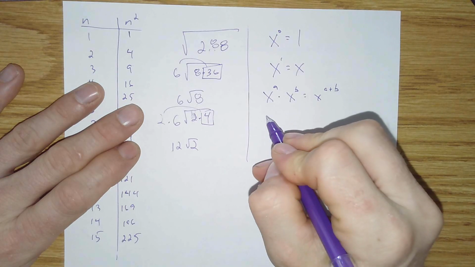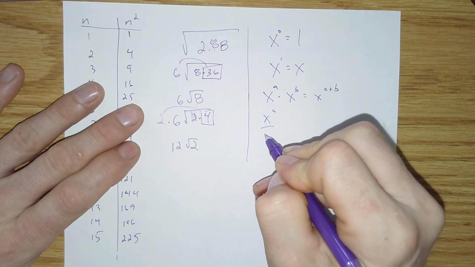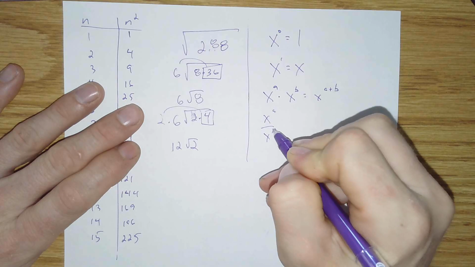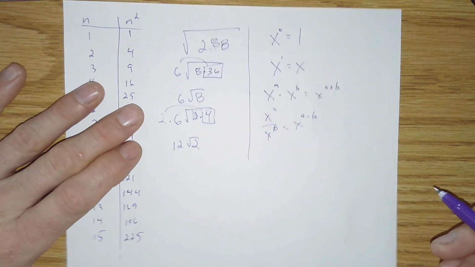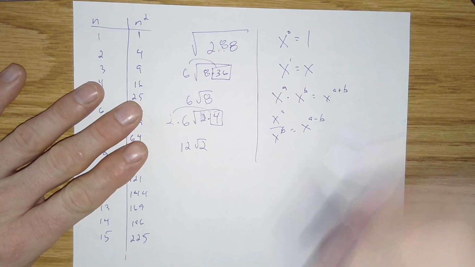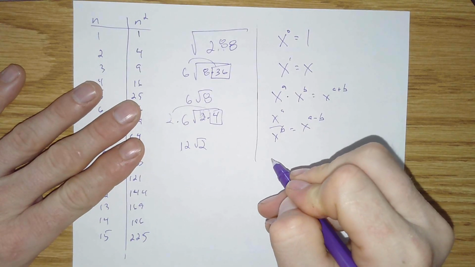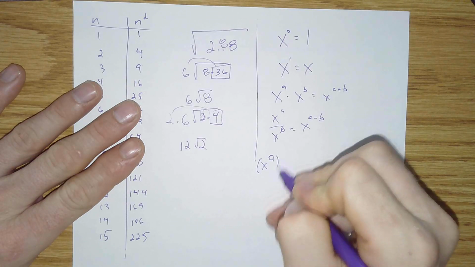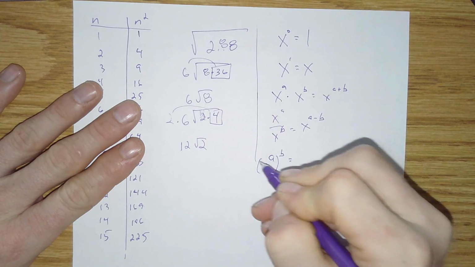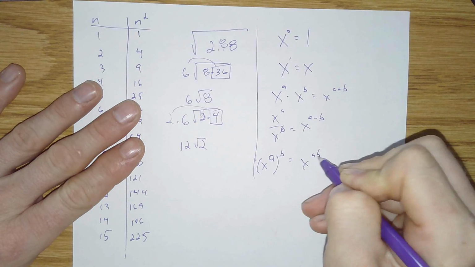If I take x to the a divided by x to the b, this is x to the a minus b. Then I have x to the a raised to the b. This is multiplication: x to the a times b.